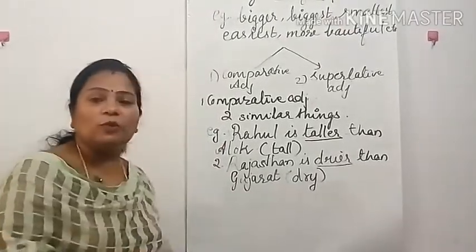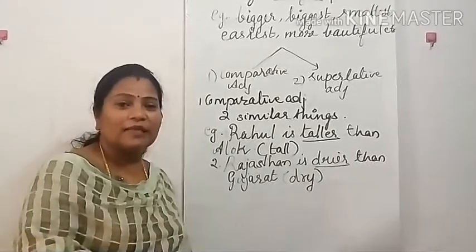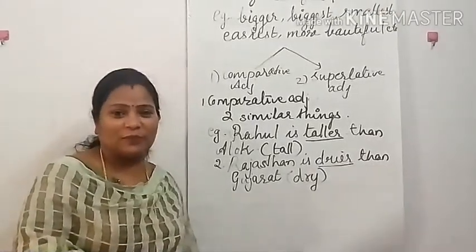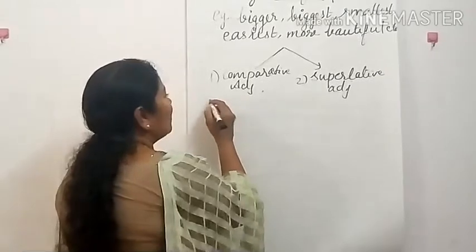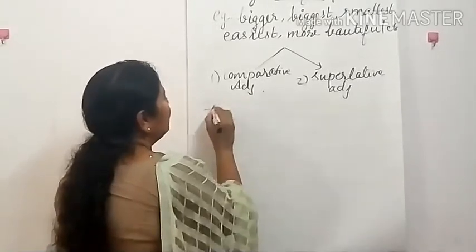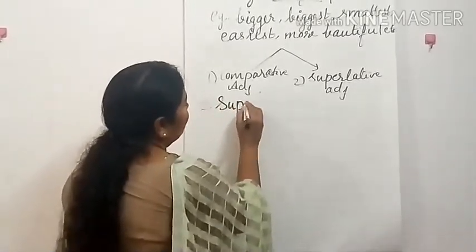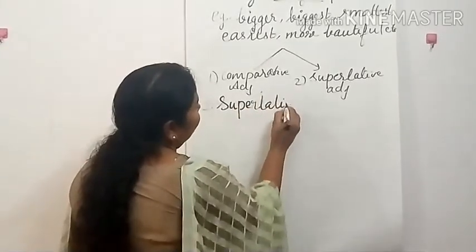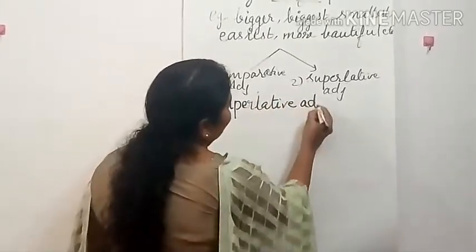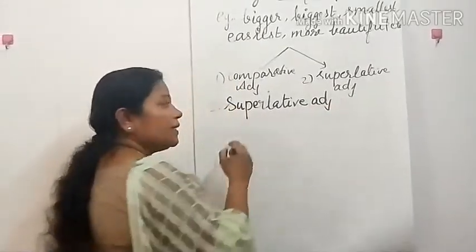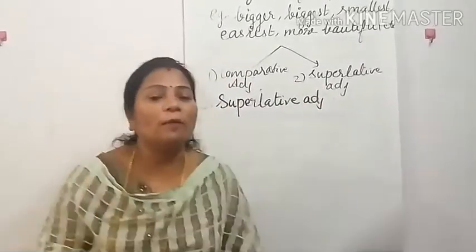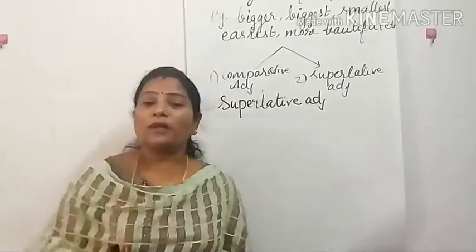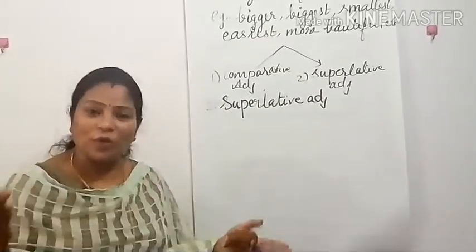Then we can move to our next one, that is superlative adjective. What do you mean by superlative? So this is our second one, superlative adjective. It is used to compare one thing with three or more similar things.